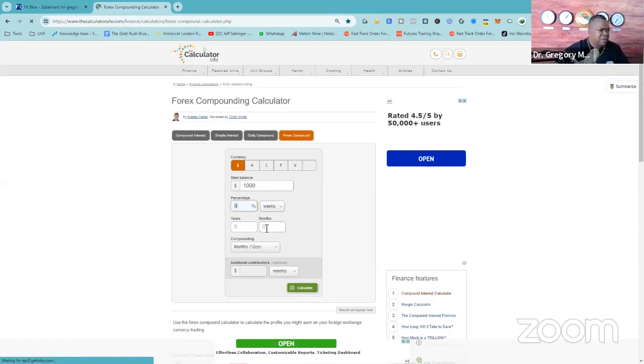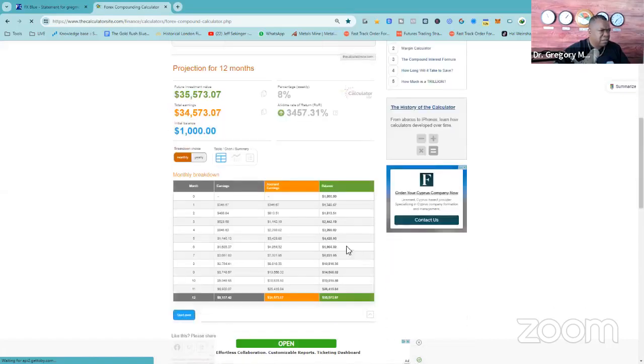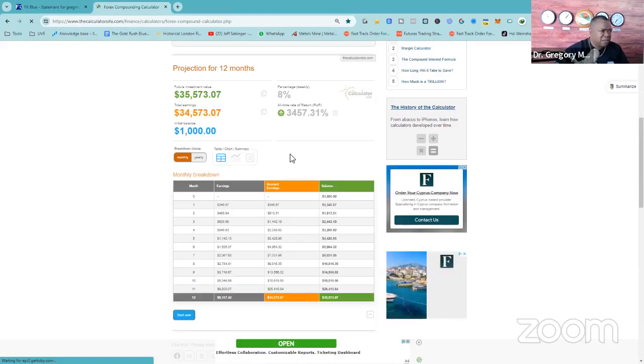If you do that for 12 months and then we calculate it, well, if you take out weekends and stuff like that, it's $35,000 in a year, which is not too shabby, right?